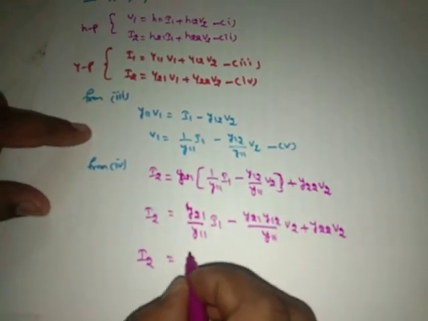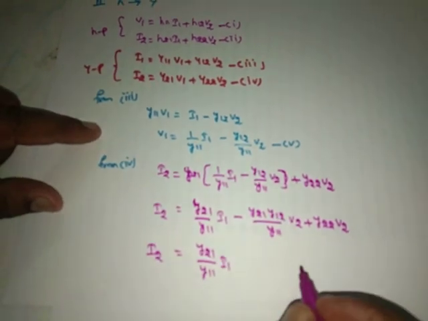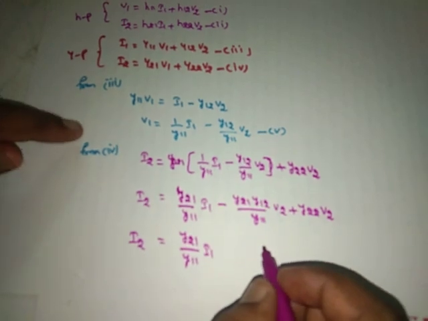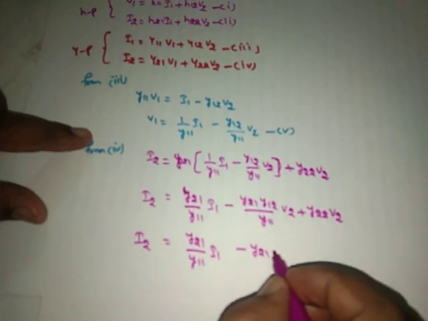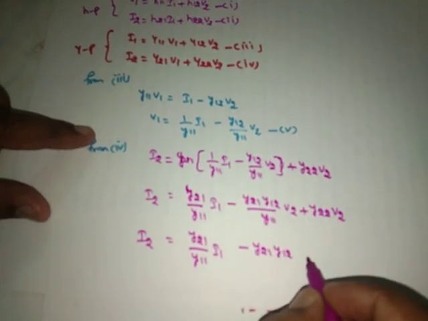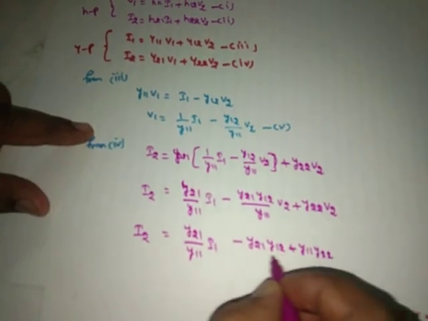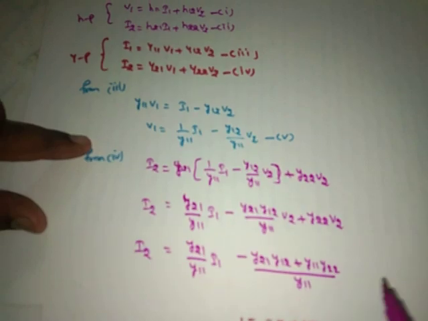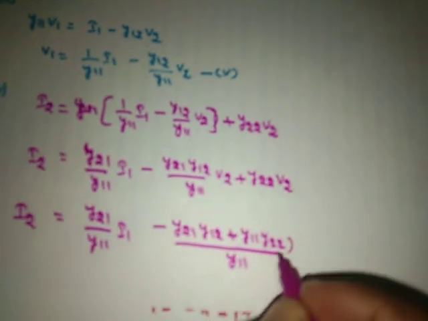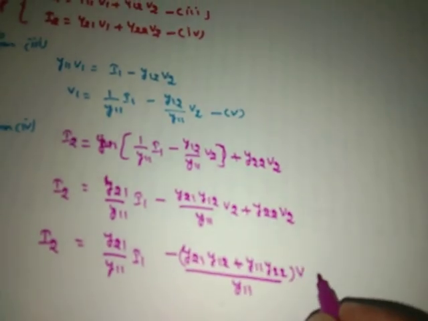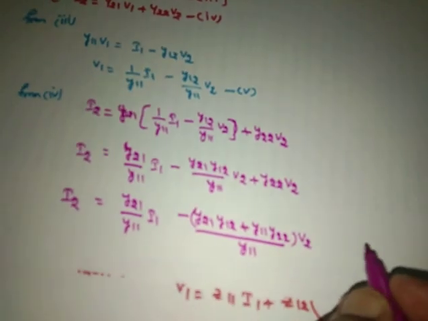I2 is equal to Y21 by Y11 I1, and take common here, minus Y21 Y12 plus Y11 Y22 by Y11 into V2.